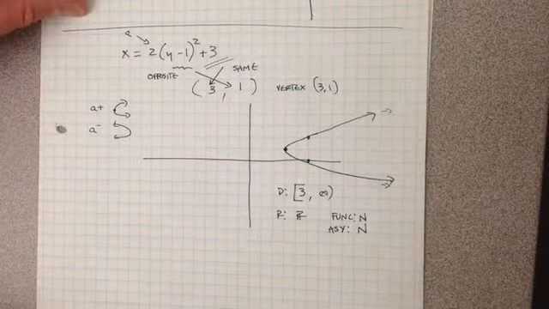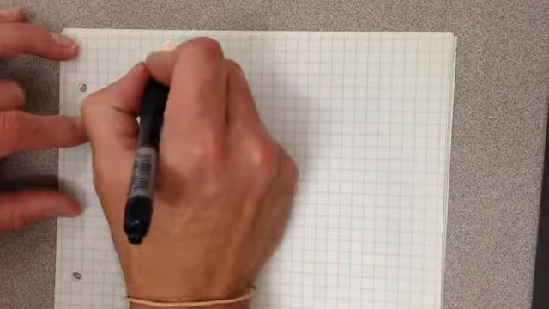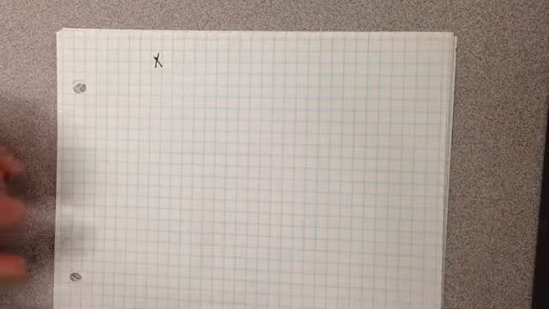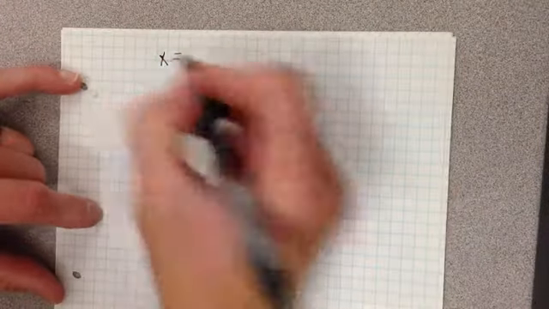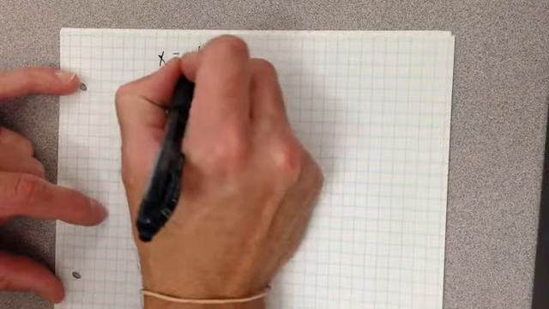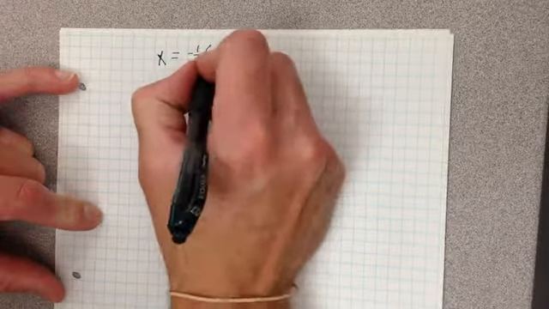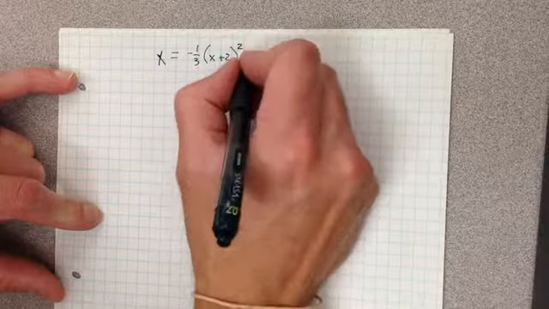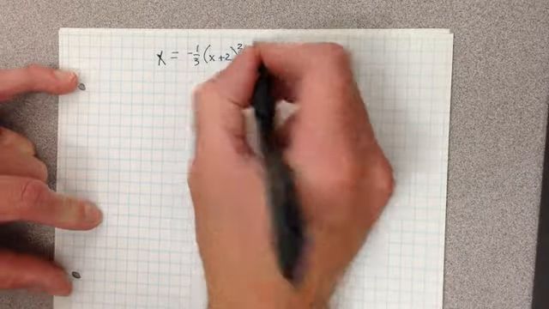We'll flip it over, start a new page, and we'll do another example of this. Let's look at y, excuse me, x, just so ingrained with my regular parabola. x equals negative 1/3 (y plus 2) squared plus 1.